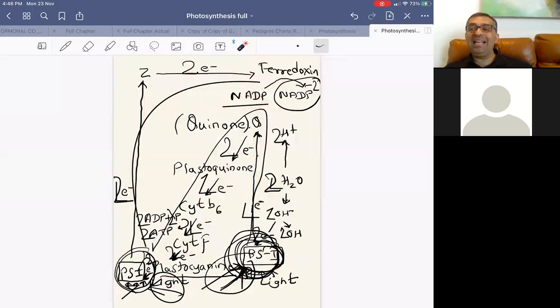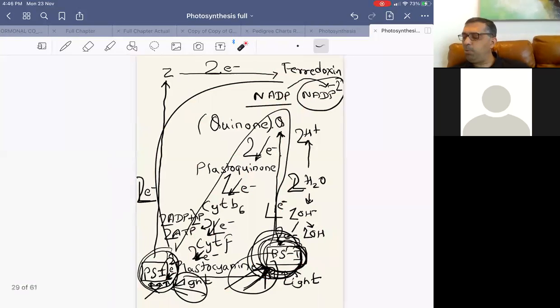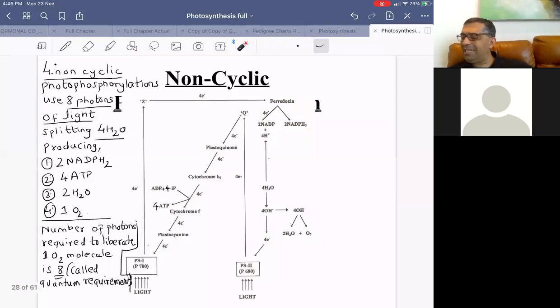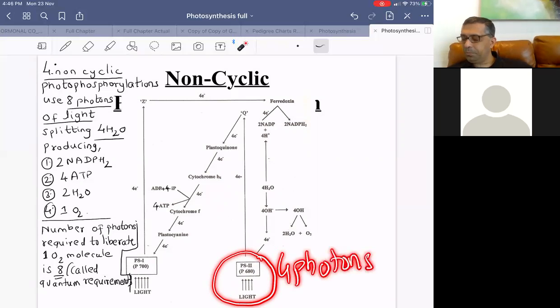This process takes place 4 times. Listen carefully. This process takes place 4 times. So 4 photons will fall on PS2, and 4 photons will fall on PS1.